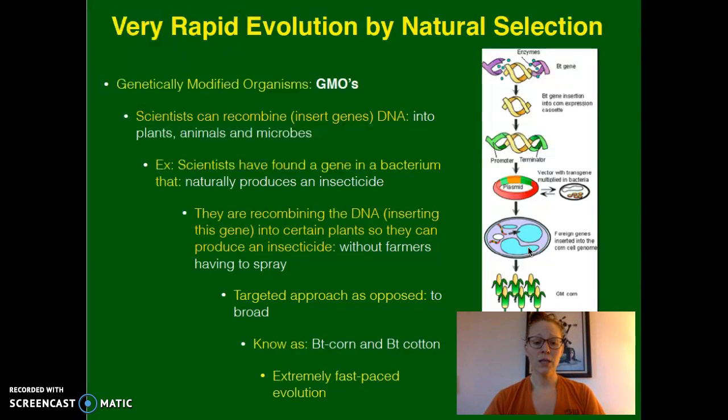So this is called Bt corn and Bt cotton, because the genes of a bacteria are implanted into corn and cotton. And so this is an example of extremely fast evolution because we are changing the DNA of these plants.